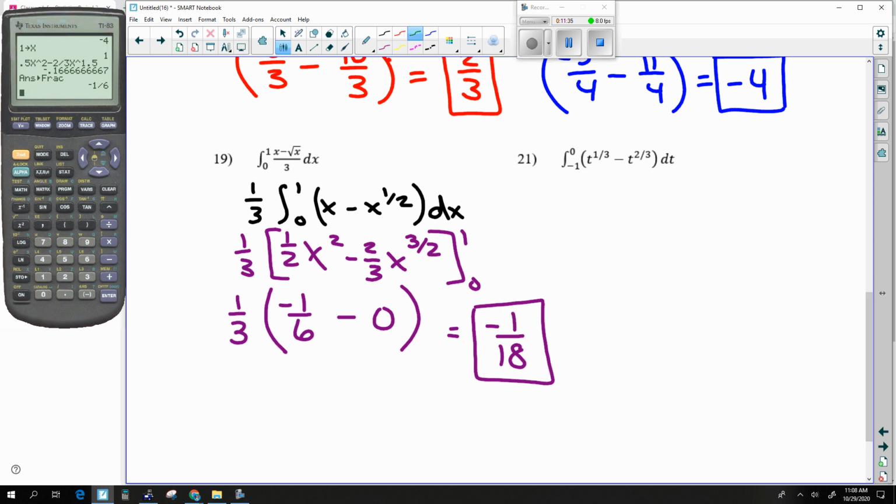All right, so t to the 4/3, t to the, what, plus 3, maybe 5/3. So 0 is going to be 0.